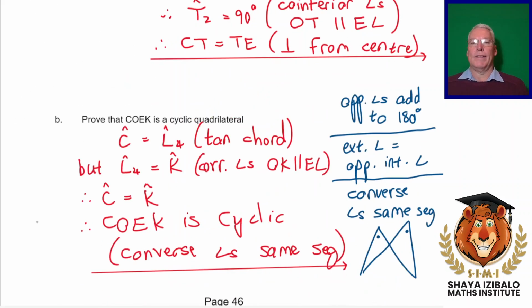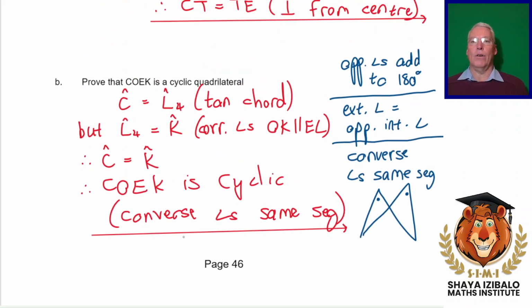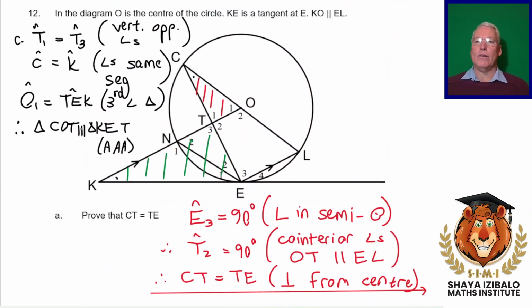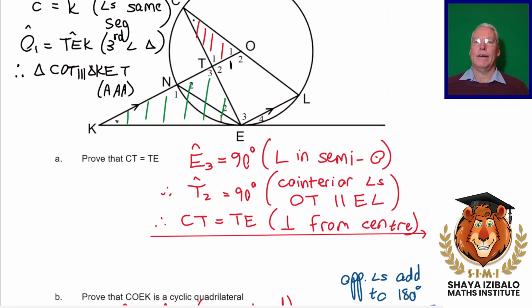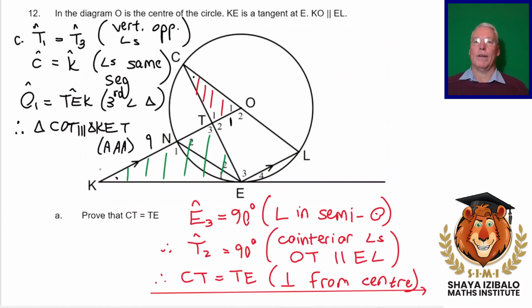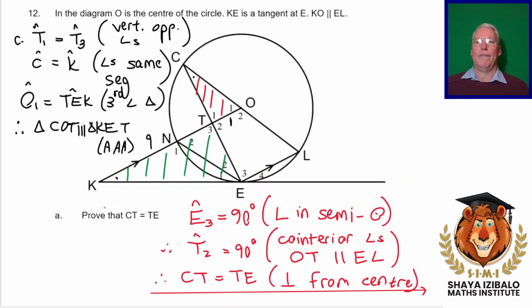Okay, let's see if there's anything else in that question. It says if OT is 1 and KT is 9, find CT and CO. Right, I think we're going to need to use the similarity here. Okay, we're told OT is 1 and KT is 9. And the question's asking us to find CT.